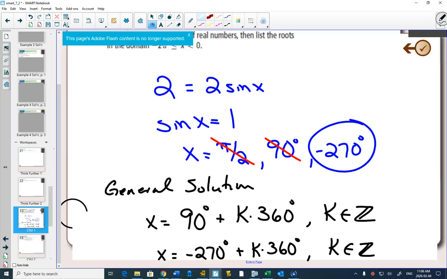Textbook's answer is right. Can you see that both of those answers mean the same thing? They're both right. I like using the answer from the first positive time around and adding k times 360. But if you use the other one, the textbook likes to use whatever answer you got in the previous part to figure it out. So either is fine.